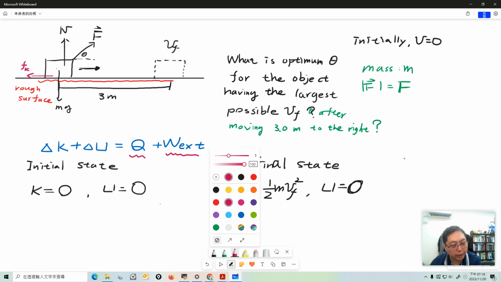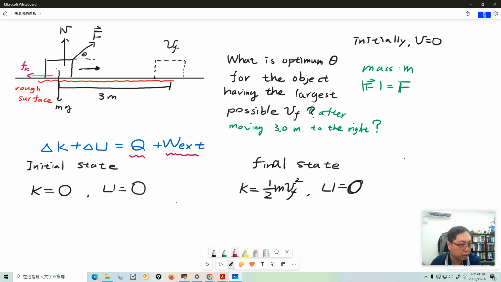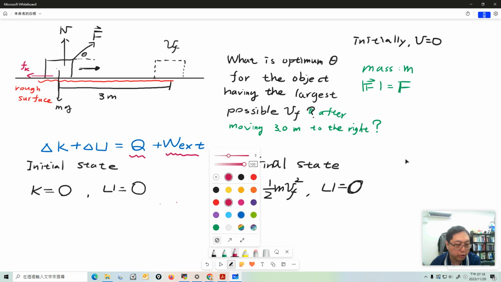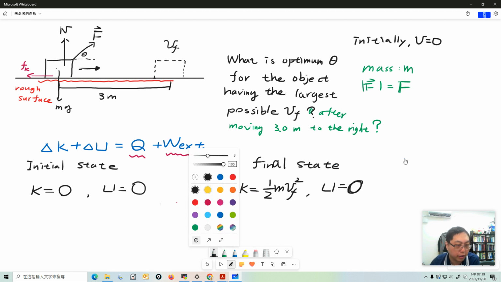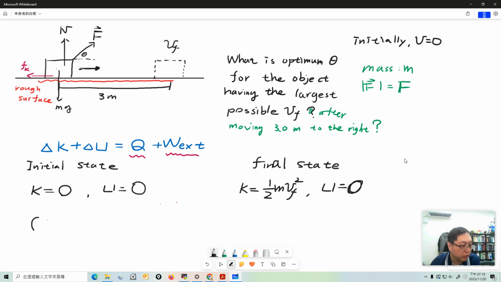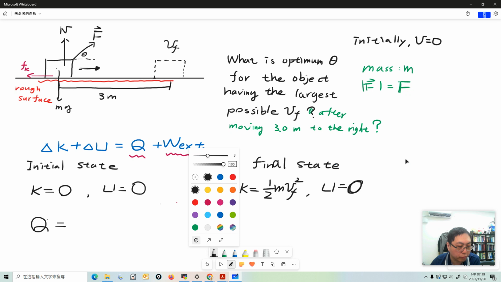We always say the heat is generated by friction. And because it releases heat, there will be a negative sign in front of the work done by the friction force.